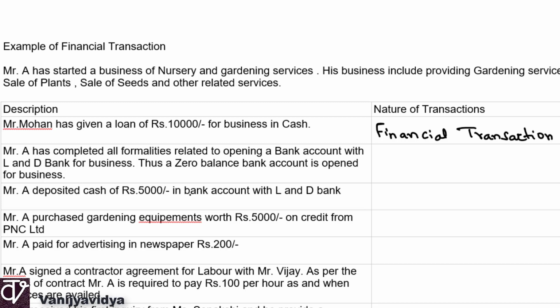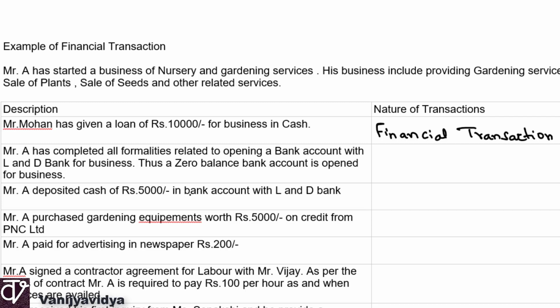Next, Mr. A has completed all the formalities related to opening a bank account with L&D Bank for the business. Thus, a zero balance bank account is opened for the business. Usually for all the businesses, there is a current account facility wherein you can keep a zero balance. So that bank account has been opened and all the formalities are completed.